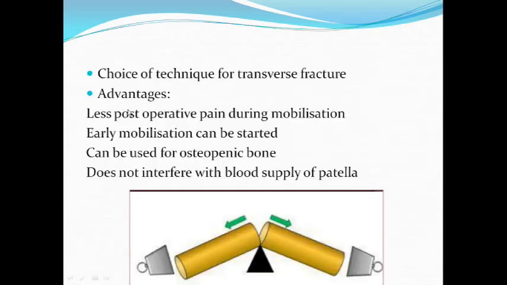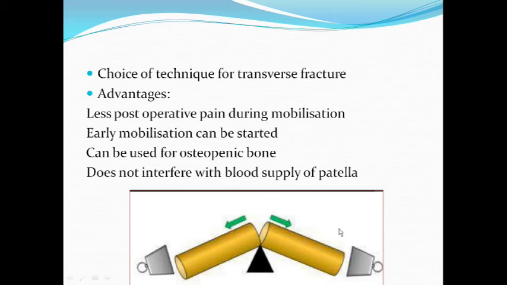So what are the advantages of this procedure? Just a schematic representation. Think these are 2 parts of the patella. This is the patellar tendon, and this is the quadriceps muscle. So what do you do? We pass two K wires here, and then we put the SS wire over here and here.